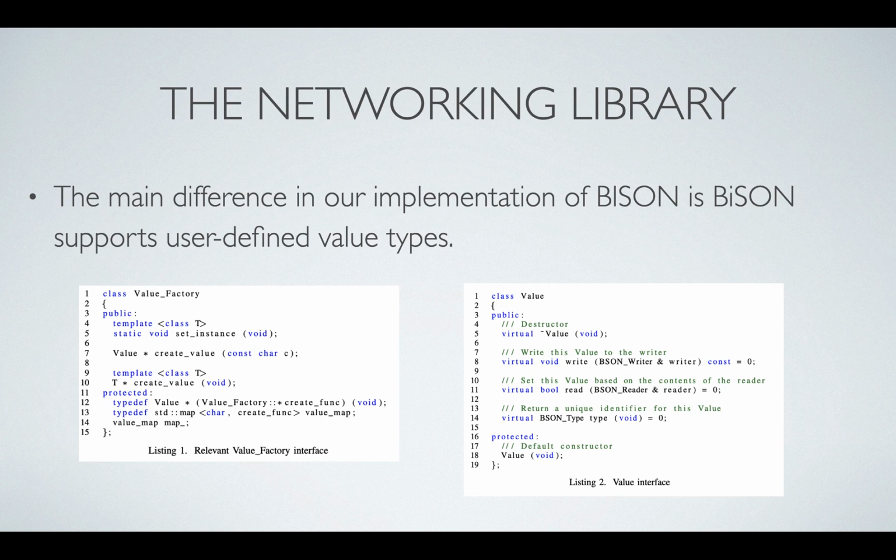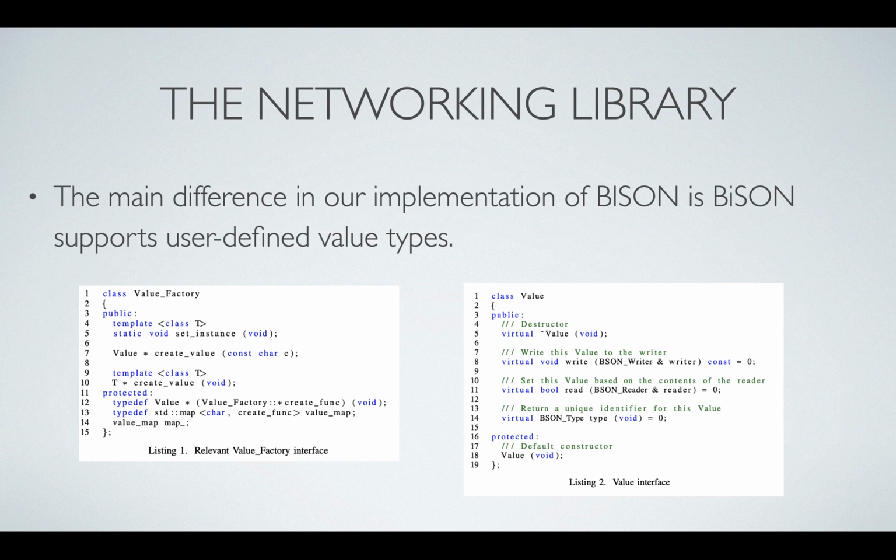And so we need a way to provide for the author of this pin tool to be able to add that custom value to the binary JSON implementation to instrument over the network. What we have here is a way of adding user-defined types via factories and a value interface that the pin tool author will have to implement.